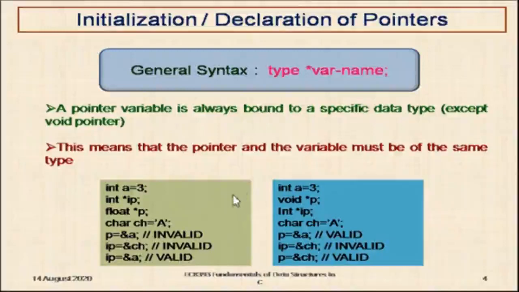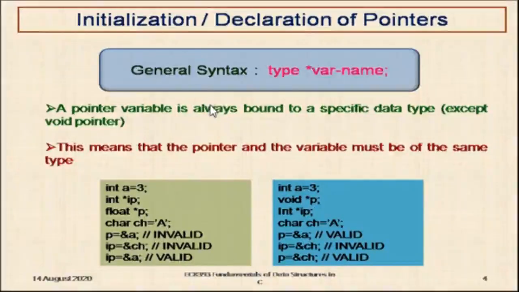Right here we have some other examples. Before that, we have to understand one thing. A pointer variable is always bound to a specific data type except the void pointer. We have integer pointer, floating point pointer, character pointer, right? Then double pointer, then void pointer.